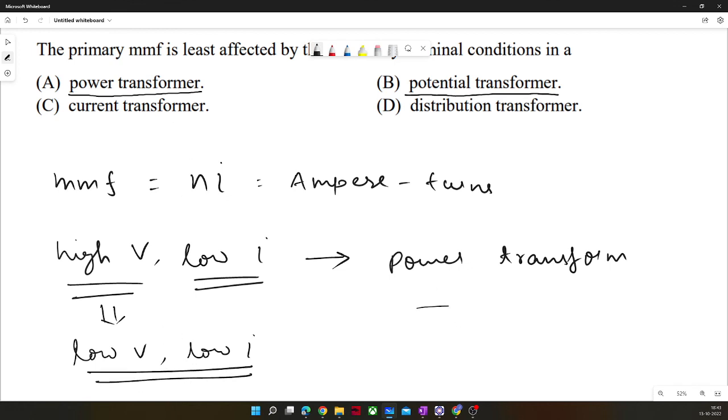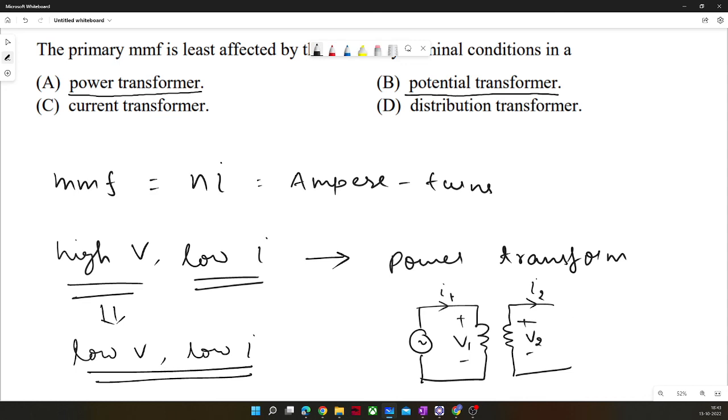So generally, it is in this manner. V1, V2, I1, I2. So you all would have studied this basic single phase transformer, where how much primary current can be drawn from the supply depends on your load, right?